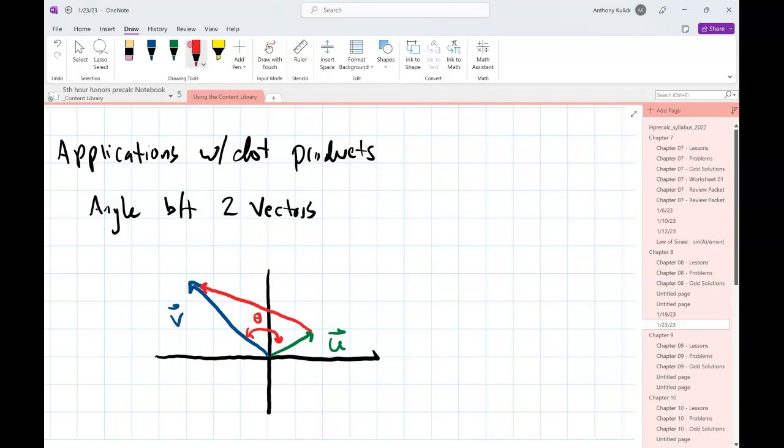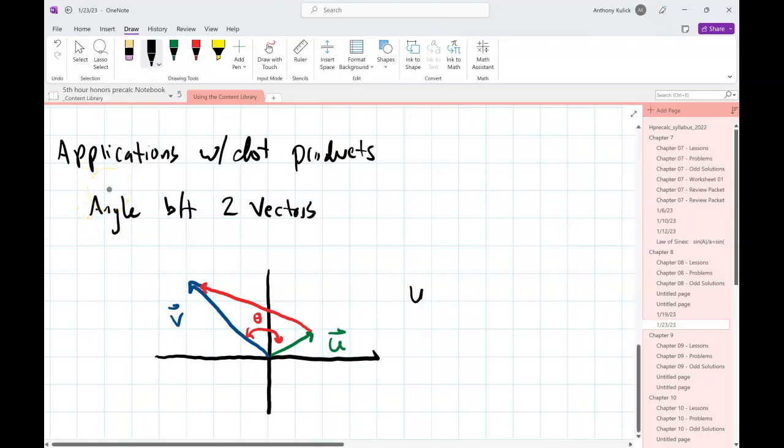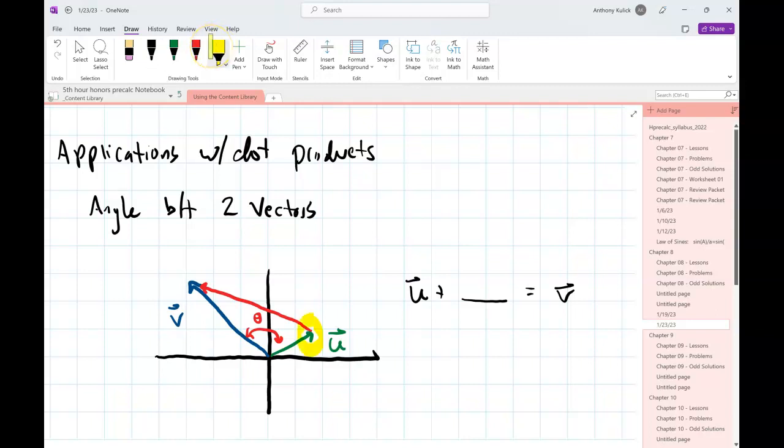The question is, what should I call that side? Well, the way I've set this up, it should be u plus something should equal v, right? Because we're head to tail, so that means we're adding the two things together, and the head to head means that's what's going to equal. Everybody's okay with that? So what does that spot have to be? Well, it just has to be v minus u.